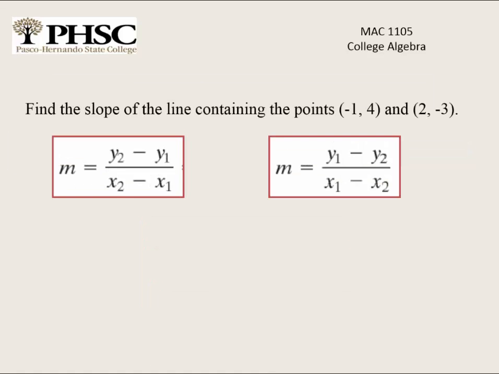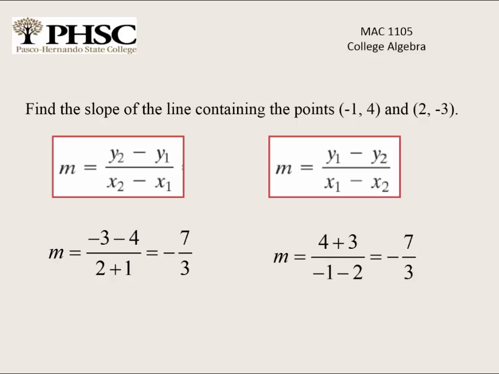So here's an example. I have two points. The first point has coordinates -1, 4, and the other point is 2, -3. We have the two formulas that we can use. Using the first formula, we get -7/3: -3 minus 4 divided by 2 minus -1, which is 2 plus 1.